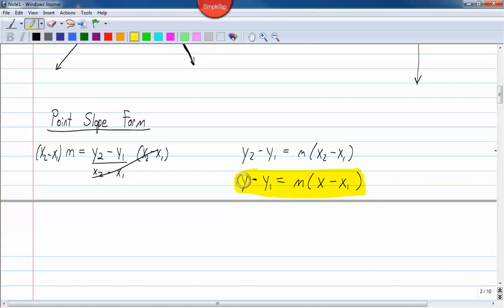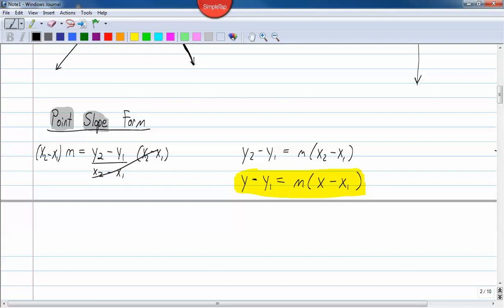This is always going to be y. This is always going to be x. The things that we have to plug into this formula are the y sub 1 and the x sub 1. Alright, this is called, now pay attention to the name of it, the point-slope form, because you need a point and you need the slope to write this form of the equation of a line.